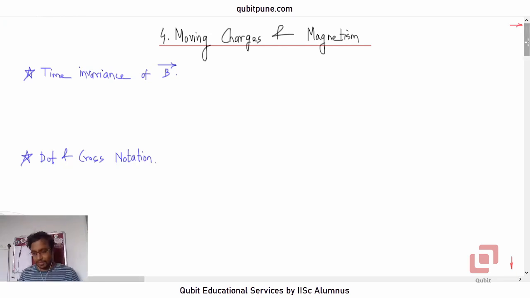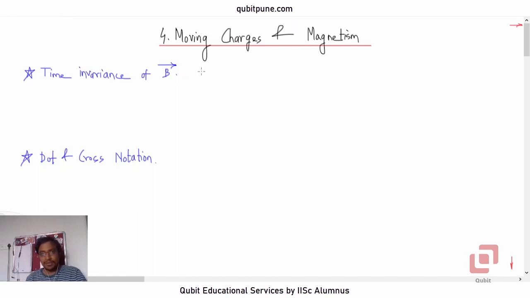Alright, so let us now start moving charges and magnetism, the revision of moving charges and magnetism. And the first point which we will state here is the time invariance of magnetic field.